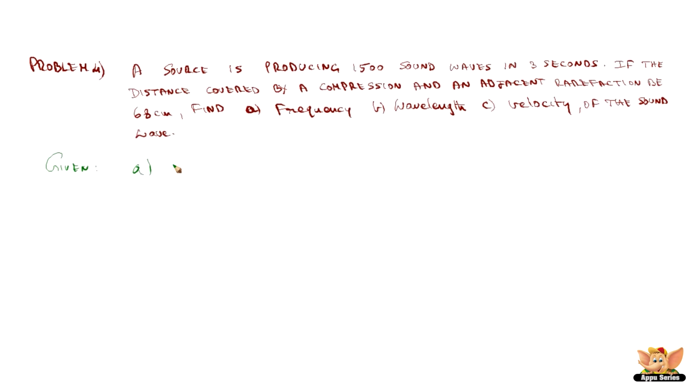Now let's take A. We need to find the frequency. What he said for finding the frequency is, a source is producing 1500 sound waves. So the number of sound waves produced in 3 seconds is 1500. Now we know the frequency is defined as the number of sound waves in 1 second.